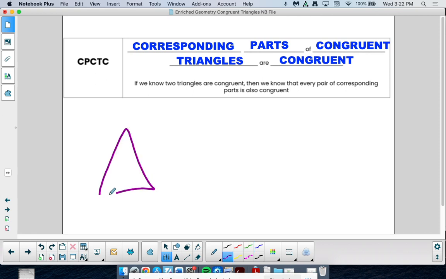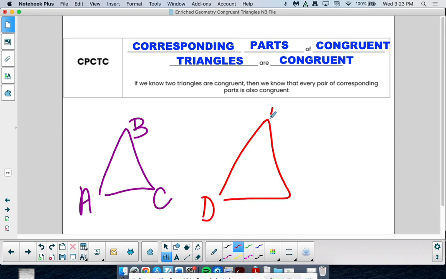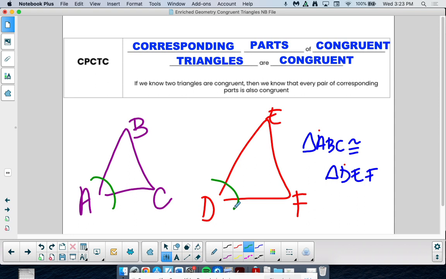Like if I had this triangle here, ABC, then I had this triangle over here, DEF. And we were told that triangle ABC is congruent to triangle DEF. We would know that all of our matching parts would be the same, right? Like I know A and D are in the first spot, so I would know that this angle here and this angle here measure the same, right?